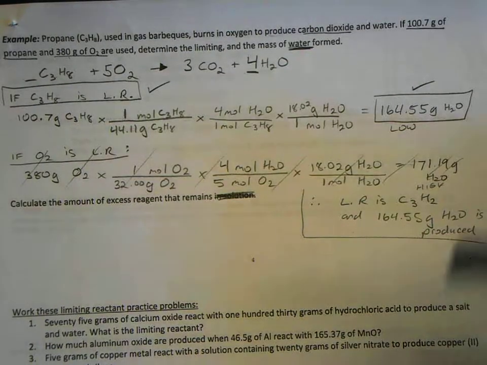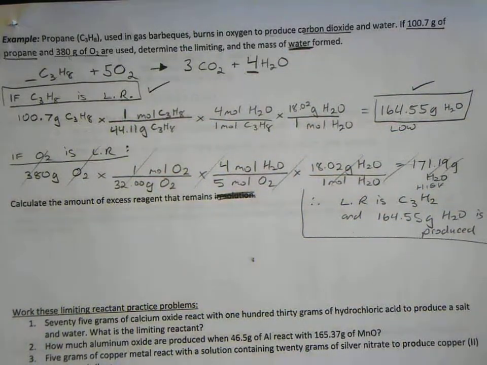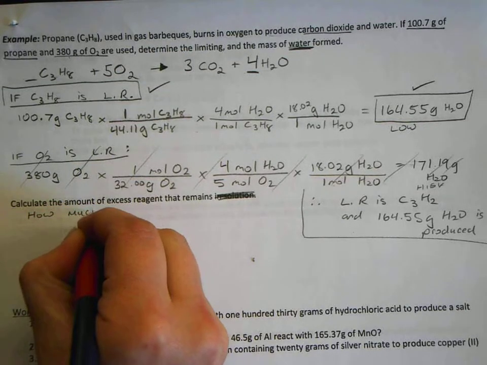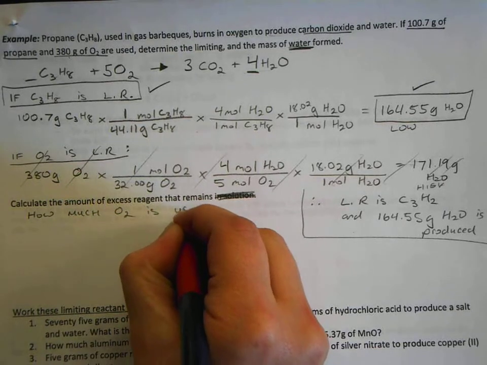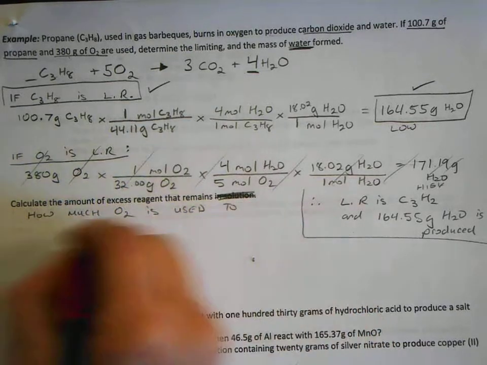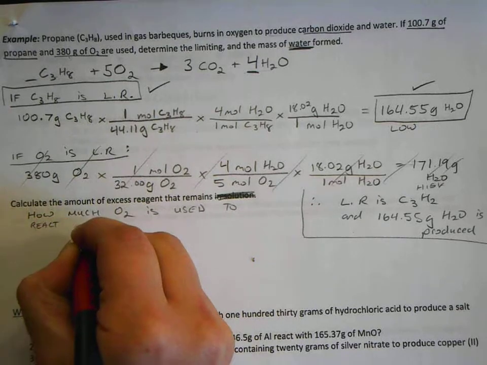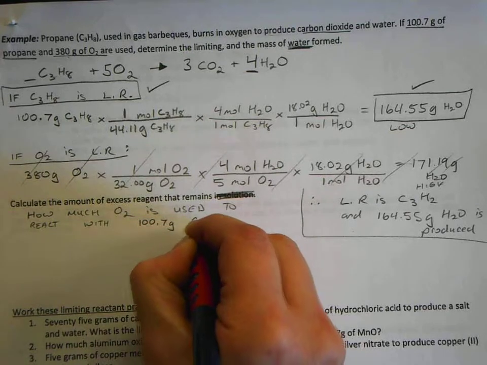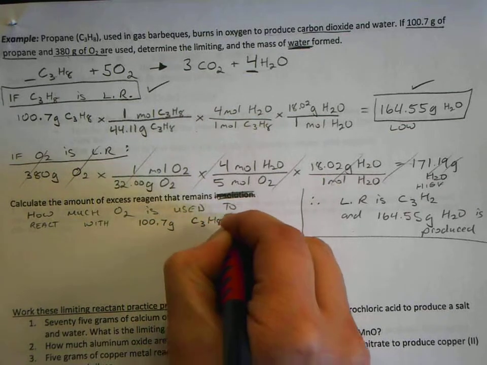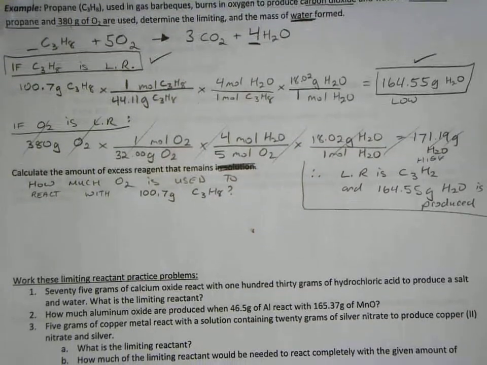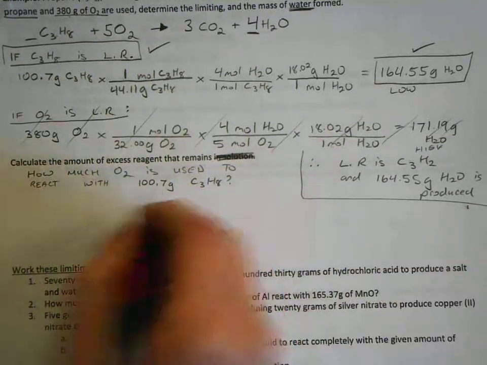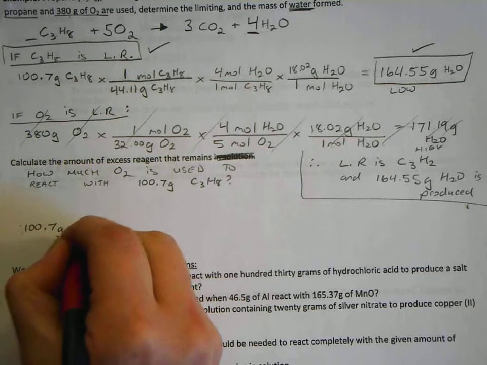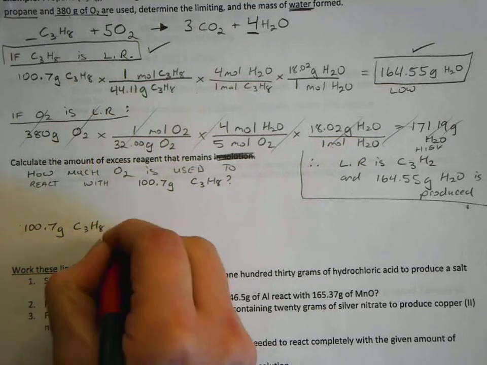In this case, what we're really asking is how much oxygen is used to react with the 100.7 grams of C3H8 we were told about. That's a calculation we can do. We start with the mass that we were given, 100.7 grams of C3H8, and grams always have to go to moles.